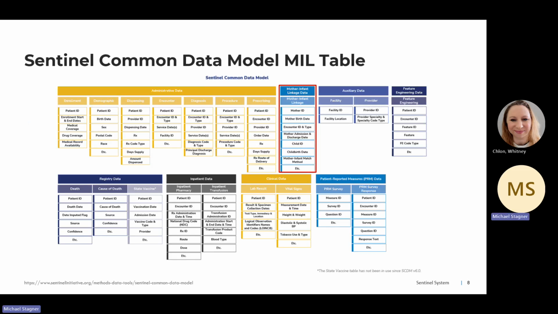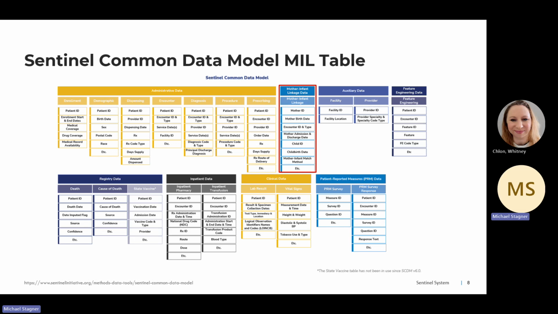So these are all the tables that are prescribed by the Sentinel Common Data Model. In the initial phase of transforming the data, you'll create the core set of tables, the demographic and enrollment information on the beneficiary level, and then also their healthcare utilization information, which is their prescription drug dispensing information, encounter healthcare utilization, and then diagnoses and procedures.